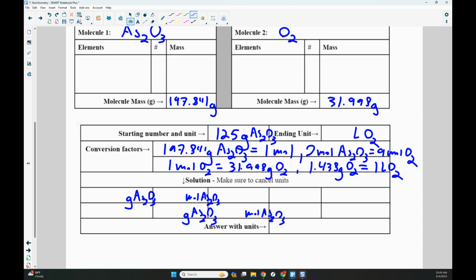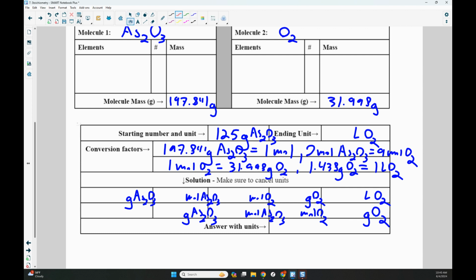And I'm converting from moles of diarsenic trioxide to moles of oxygen. It's my next step using my mole ratio. And I should have that same thing down here in the diagonal so that it will cancel. And I'm converting from moles of oxygen to grams of oxygen. Once again, I should have the same thing down here in the diagonal. And lastly, I'm converting to liters of oxygen.